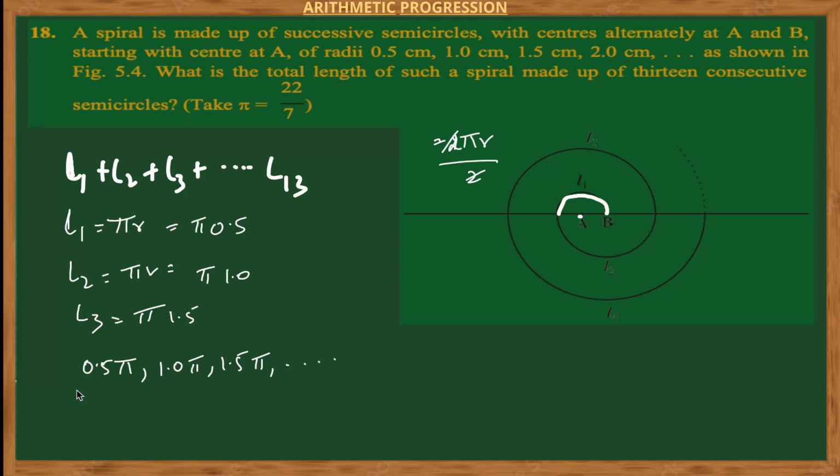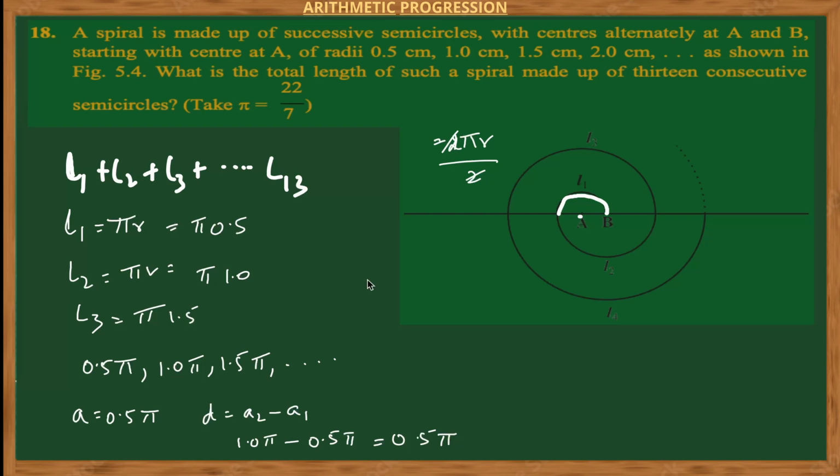So in this, we can find a. What is a here? It is the first term, which is 0.5 into pi. What is d here? d is equal to a2 minus a1. a2 is 1.0 pi minus 0.5 pi, which is equal to 0.5 pi.